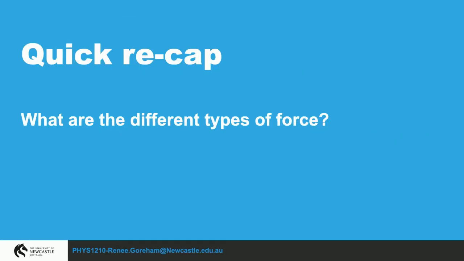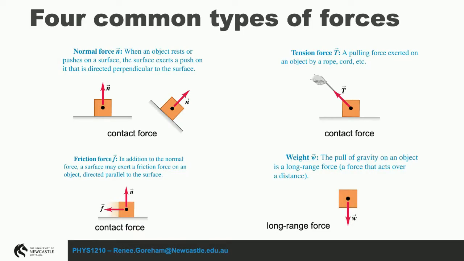Just to remember, very briefly, the 4 common forces we were looking at. First, the contact force, where, for example, we have the normal force pointing up perpendicular to the surface, and this will be perpendicular even if it's on an incline. That's one important thing to remember for the normal force vector. You have the tension force, and that goes up the string, which is inelastic.